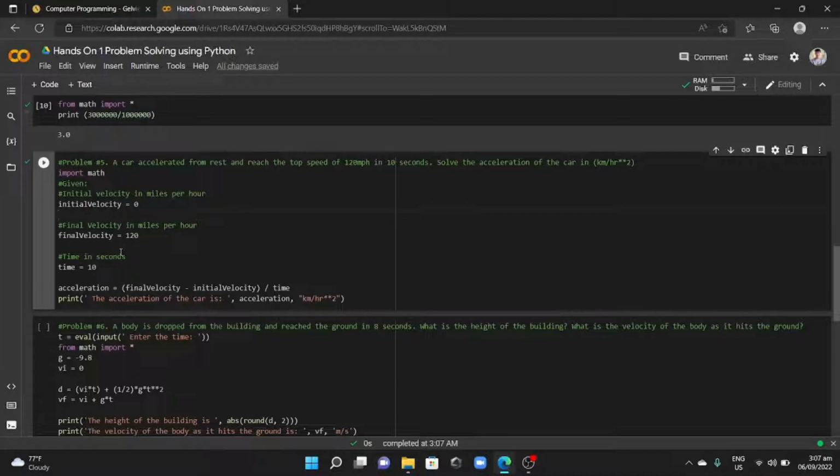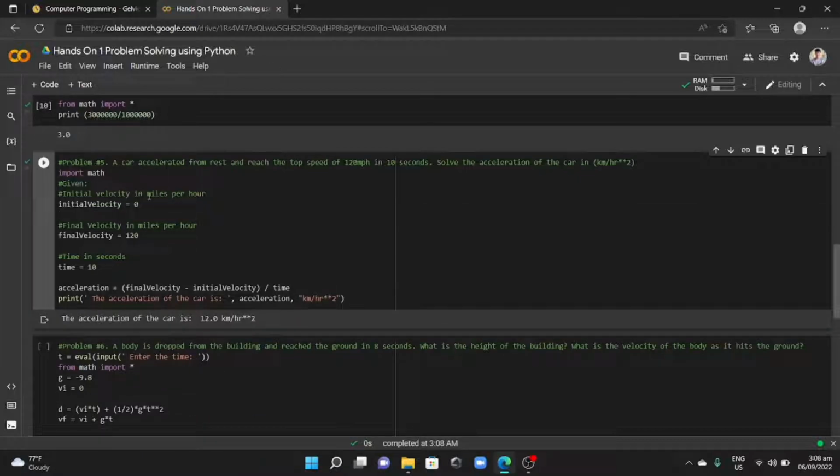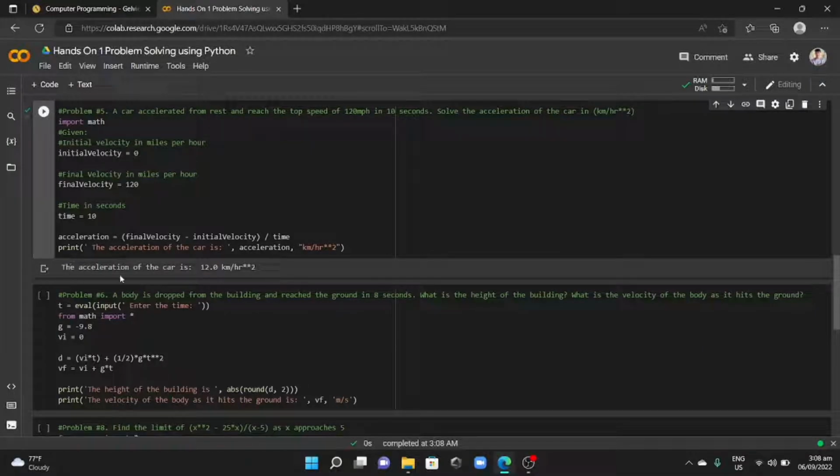For our formula, we have the acceleration is equal to the final velocity minus the initial velocity over time. We are going to print the acceleration of the car is, the acceleration, kilometers per hour squared. And we are going to run the code. And there we go. We have the acceleration of the car is 12.0 kilometers per hour squared.